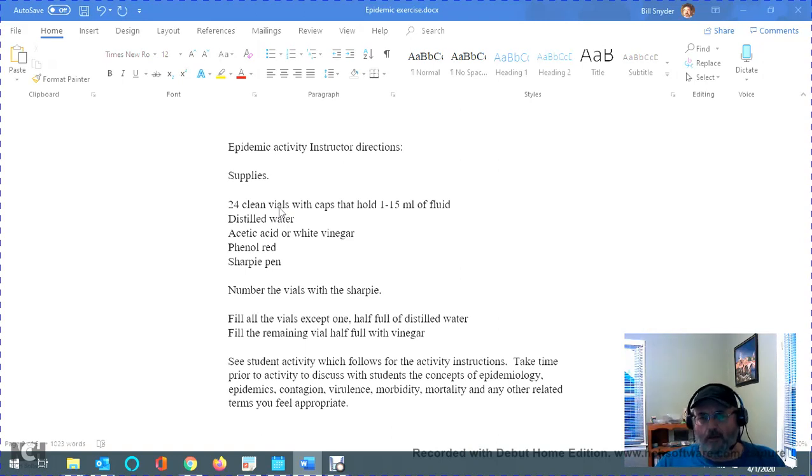Now, by mixing these fluids, you're making some of them acid, and over the course of 3 rounds, interacting with three other people, we see how the disease spreads in a group.